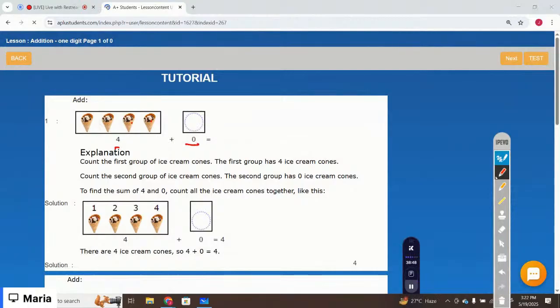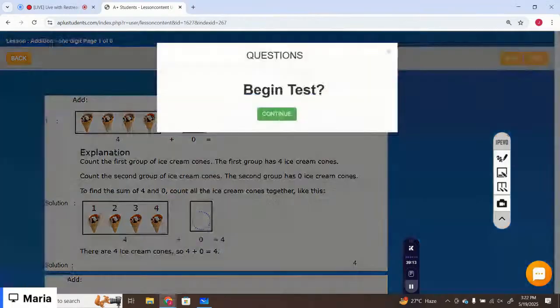So 4 plus 0 is 4. Whatever the number adding to 0, the number stays the same. So 4 plus 0 is 4. Let's just start the test questions.